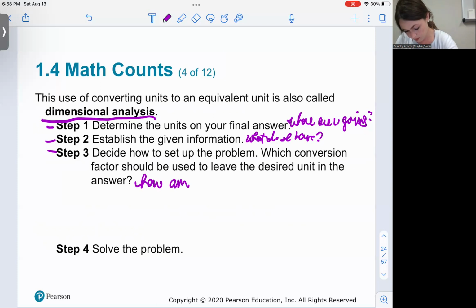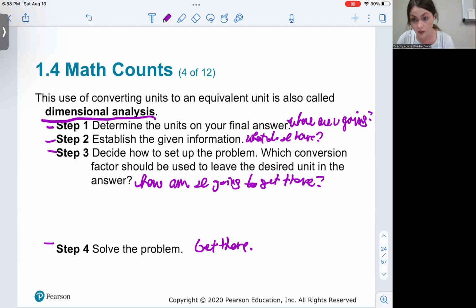That's your route. Sorry if that was a bit confusing. And your last step: get there. Do it. Plug everything in. So if you think of it in these 4 simple steps, it doesn't seem that bad. Where are you going? What do you have? How are you going to get there?